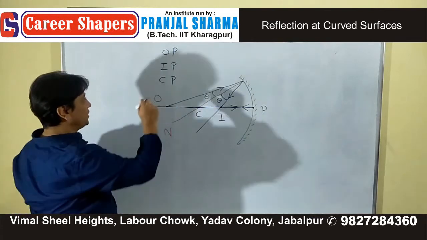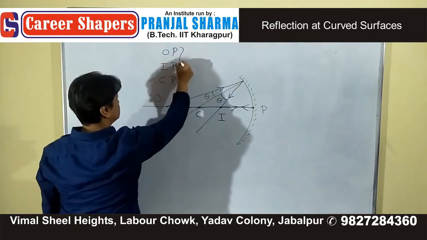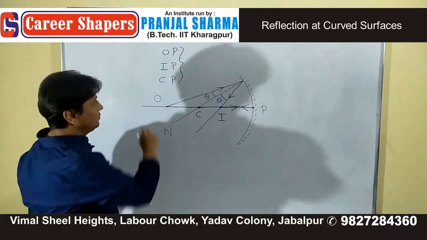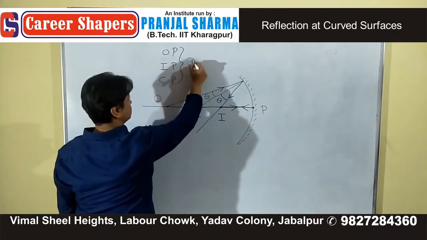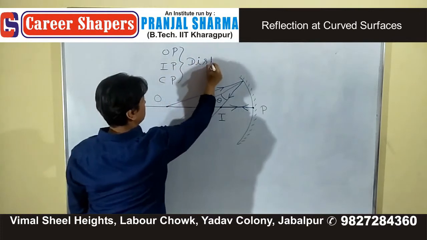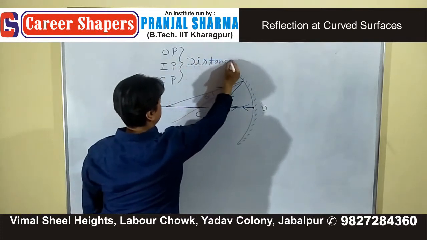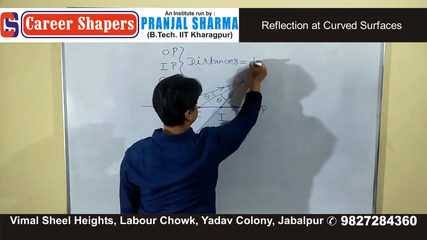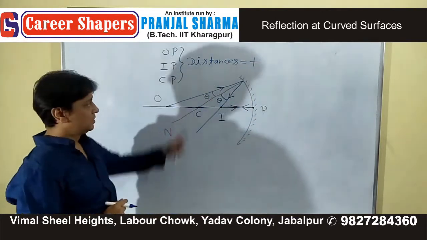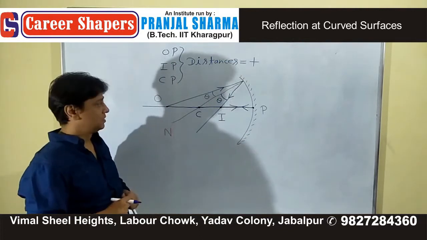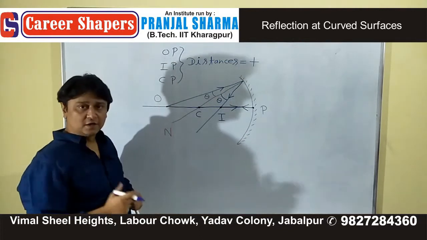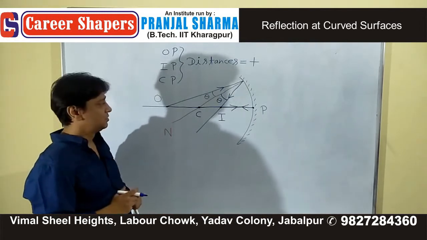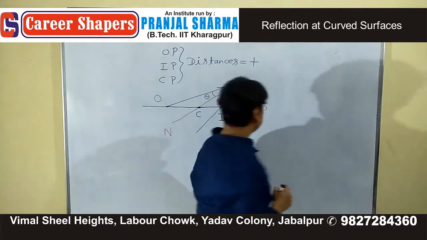Now, remember one thing, whenever I write things like OP, IP, CP, these all are distances. These distances, remember, are always positive. Remember this part. And then later, we will develop a sign convention, which we will see later.